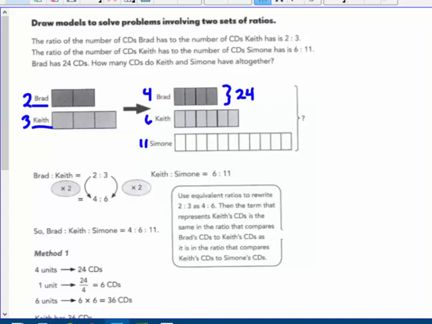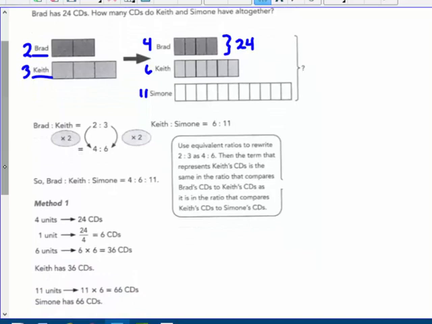How many CDs do Keith and Simone have all together? So Brad, that's a 4 to 6 to 11, has those 4 units. Dividing 24 by 4, you get each one is 6. Keith has 6 of those, so he's got 36. And Simone has 11 times 6, she's got 66.